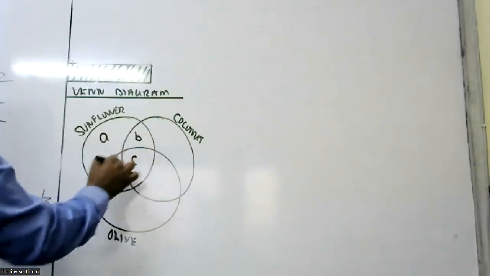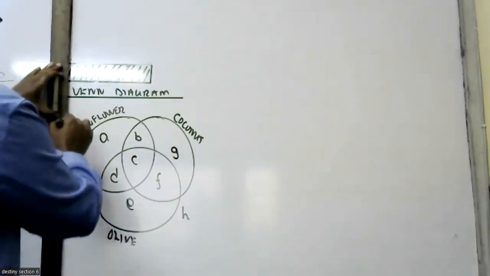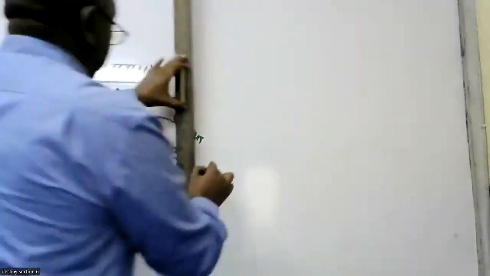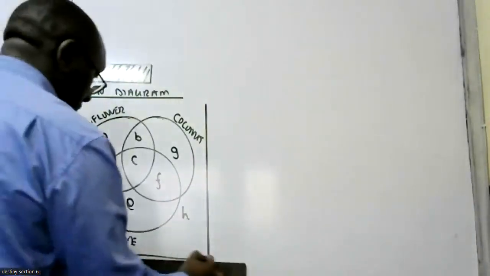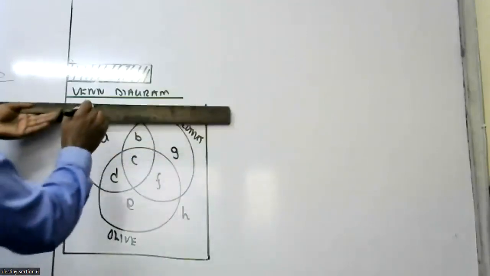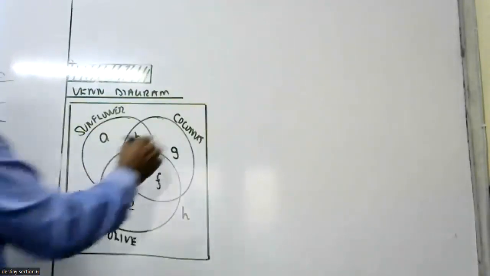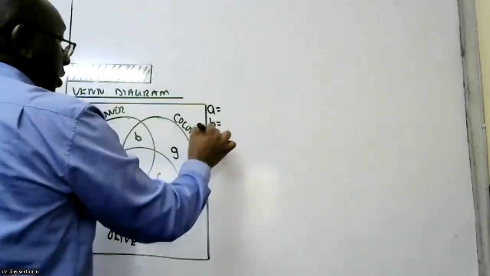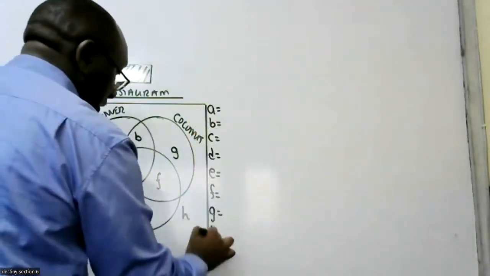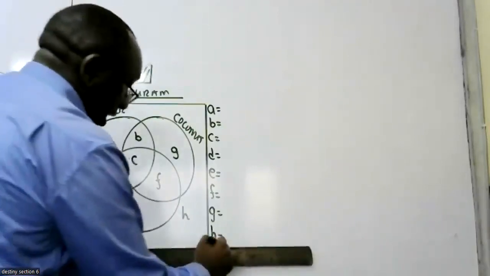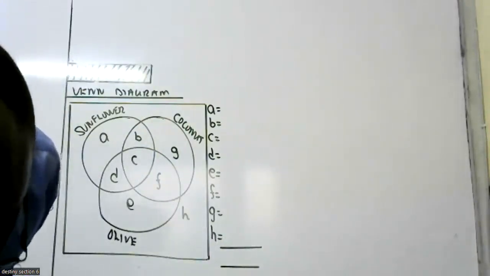This is A, B, C, D, E, F, G, and H. The total here should go to 360.